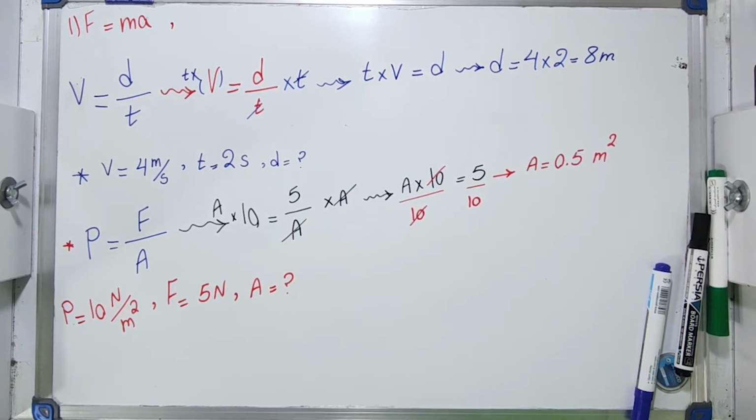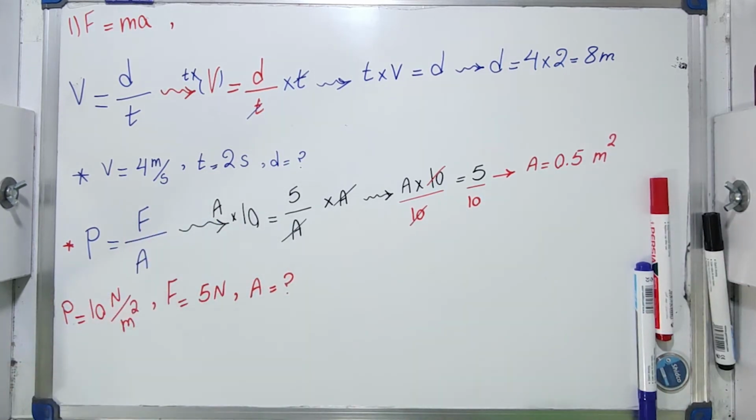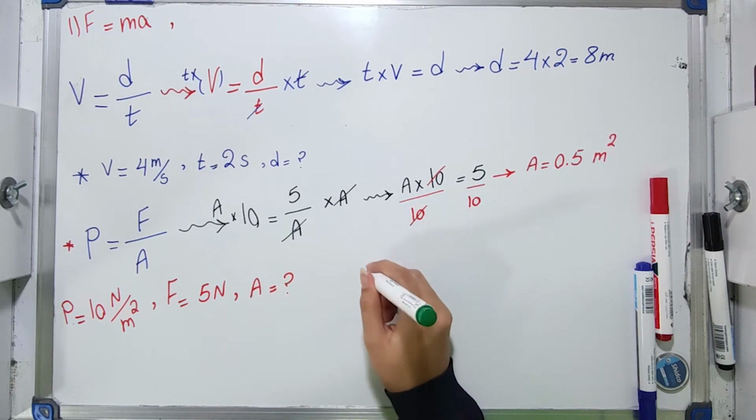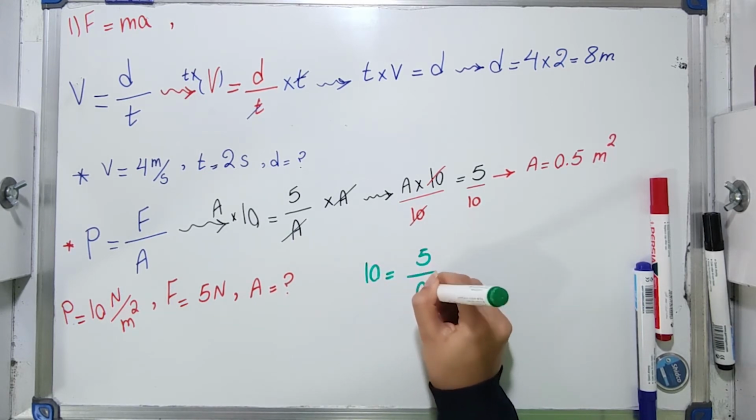But I have another suggestion for you. It is the shortcut that I've talked about. Instead of doing these steps, whenever the denominator was unknown, it's enough to do that. Let me just rewrite it. 10 equal to 5 over A.